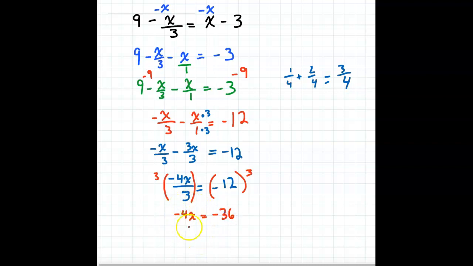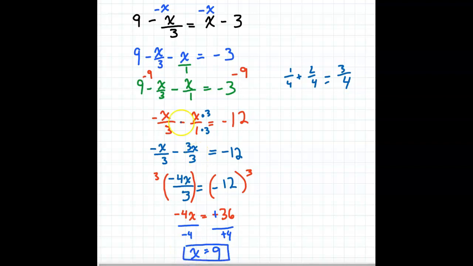Now I've got to undo the multiplication. So how do I do that? I'm going to divide. That's the inverse of multiplying. So divide by -4. So I end up with x is equal to, what's 36 divided by 4? Negative divided by negative is positive, right? So I can just change that to positive if I want. So 36 divided by 4 is 9.